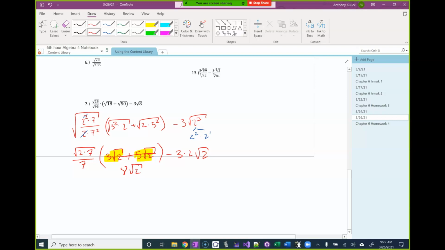Everybody good there? So we'll multiply these together next. That's going to be 8, and then I'm going to have 2 squared times 7 under the square root all over 7.